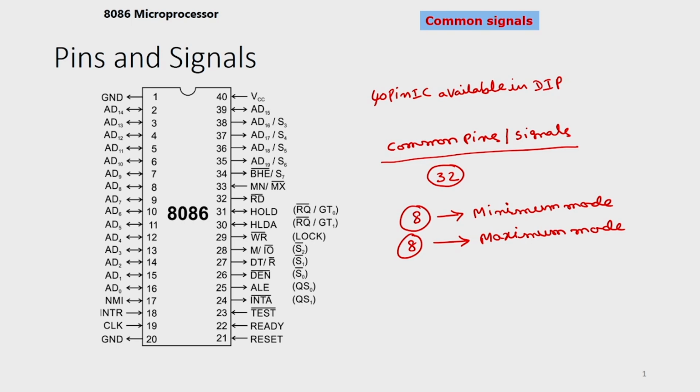So, if we come to these common pins, we require VCC and ground for any IC. So, we have one VCC which is equal to 5 volts, and one specialty of this 8086 is that it has 2 grounds.